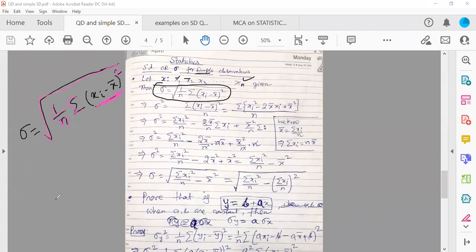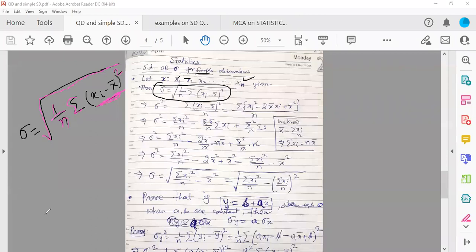How can I define sigma? Standard deviation is nothing but the square root of the average of the sum of square deviation from arithmetic mean.